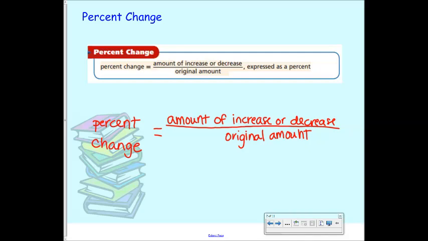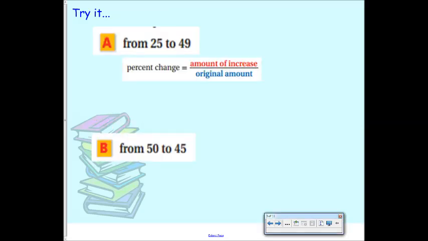And that's going to give you your percent change. So let's take a look at an example of this. Here's our same formula. If you didn't get it copied and you want to, here it is right here: percent change, amount of increase or decrease, and original amount.